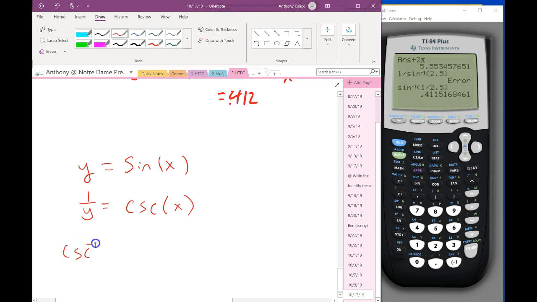So if I do cosecant inverse of both sides, I get that, which would be the same thing as taking sine inverse of y. That's why we have to take the reciprocal of the inside part as opposed to the outside. If that makes any sense.